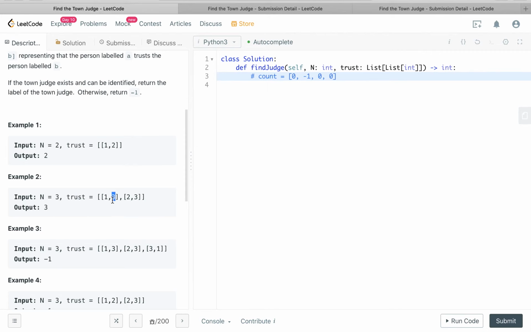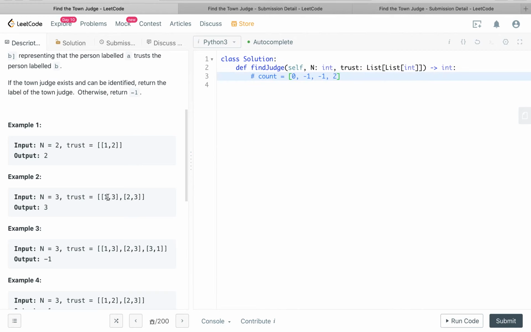So 3, right? So 0, 1, 2, 3, index position 3 increase by 1. Whenever we see somebody is trusting others, we decrease it by 1. 0, 1, 2. Index position 2 decrease by 1. Index position 3 increase by 1.